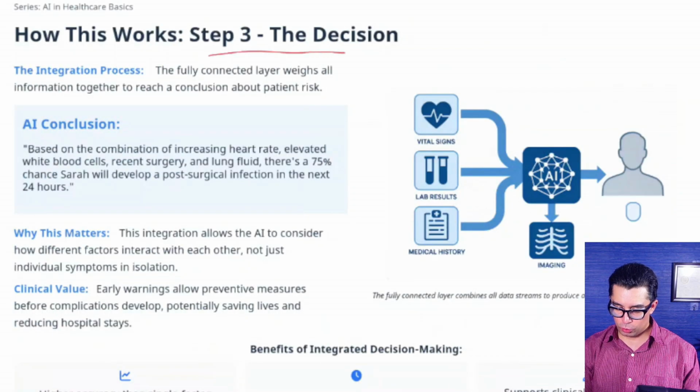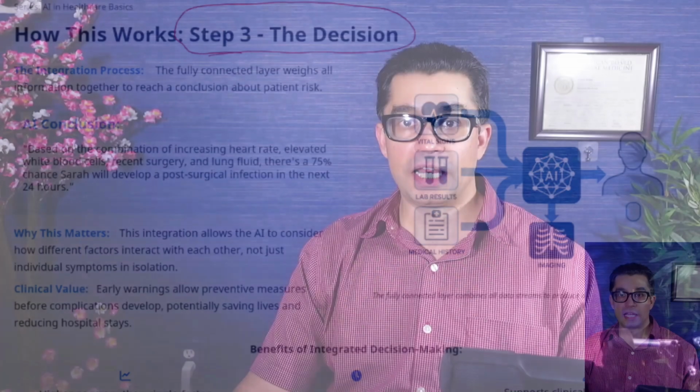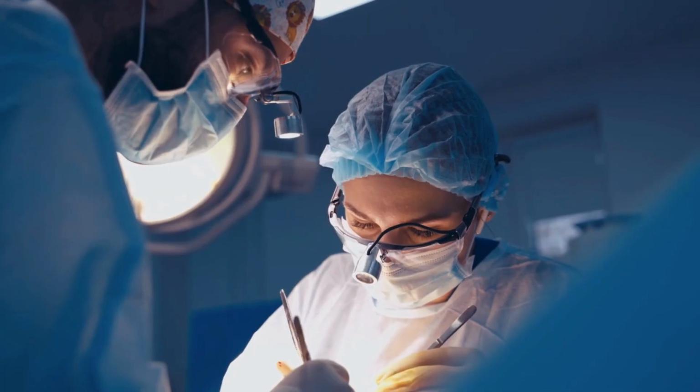And then we come to our step 3, and that is the decision. Now, the fully connected layer weighs all of this information together and might conclude, based on the combination of increasing heart rate, white blood cells, recent surgery, and there's fluid in the lung, maybe some infiltrates perhaps, that there's a 75% chance or probability that Sarah is possibly developing a post-surgical infection, and that might present itself more prominently within the next 24 hours.